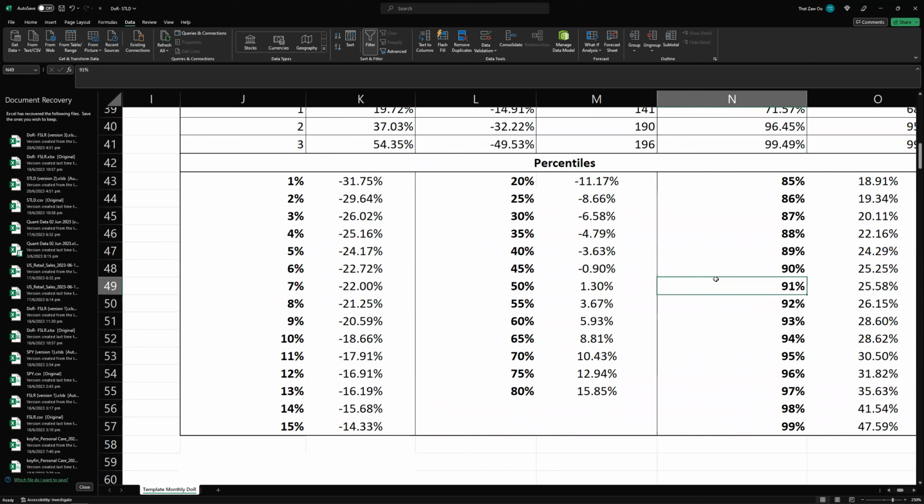What is the probability of First Solar giving me negative 22% or lower? It is actually 7%. So if I set my stop loss 22% down, it means that within the next month, the chance of me hitting that stop loss is 7%.